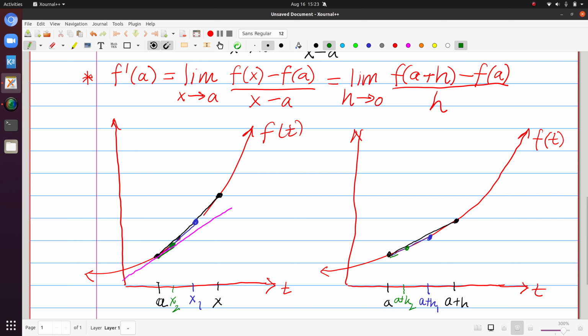This should look very similar to the process that we were doing on the left. And the same thing's going to happen as I send h to 0: these 2 points are going to collapse onto a, and we're left with this tangent, so the line tangent to the graph at t equals a. And the slope of that line is again how we're defining f prime of a.